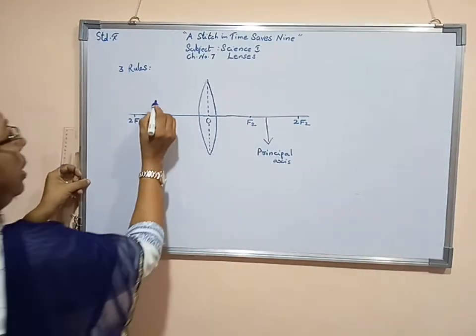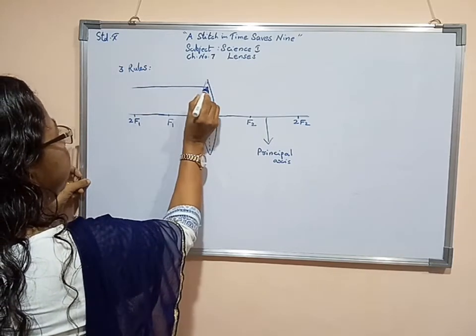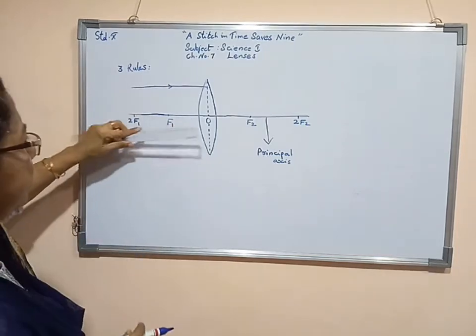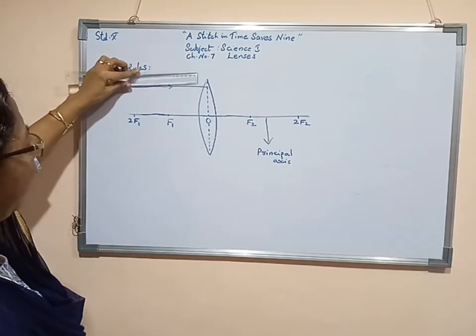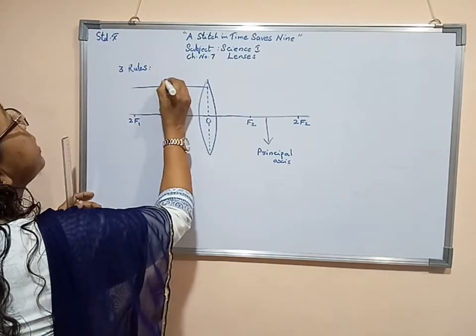Now here the ray, first rule: the ray which is passing parallel to the principal axis. This is the principal axis. Parallel to the principal axis, other ray. We can say this is the incident ray.